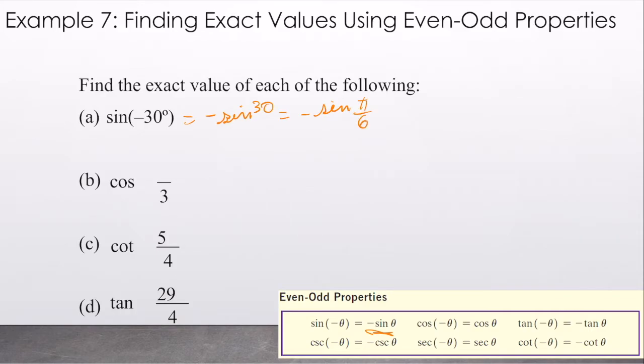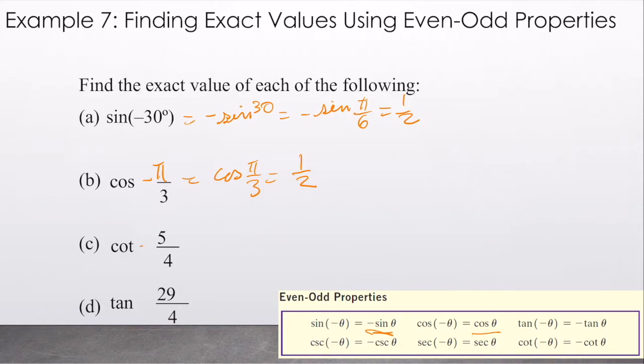We look on our unit circle and the sine of pi over 6 is 1/2, so we get negative 1/2. If I wanted the cosine of negative pi over 3, that's even, so it's the same as cosine of pi over 3, which is 60 degrees. Cosine remembers our x value, so on my unit circle the point is 1/2, square root of 3 over 2, so that means cosine is 1/2.